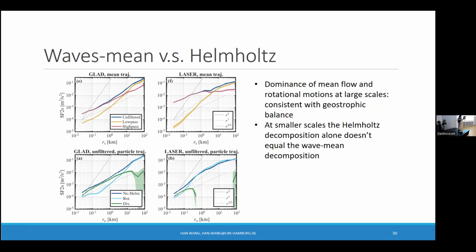And also, if you compare the Helmholtz decomposition with the actual wave mean decomposition computed by Lagrangian filtering in the first row, you can see that the Helmholtz decomposition can be pretty misleading at small separations, especially in the LASER data, where it says it's mostly rotational, but in the wave mean decomposition, you see very strong waves at smaller separations.